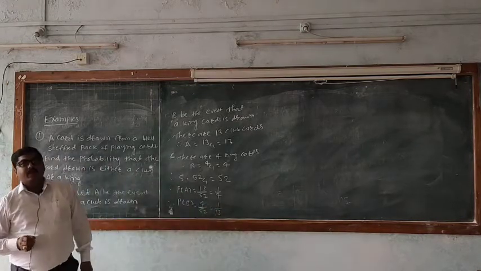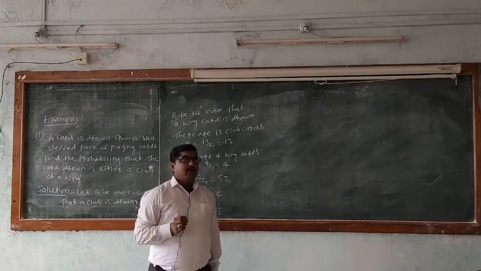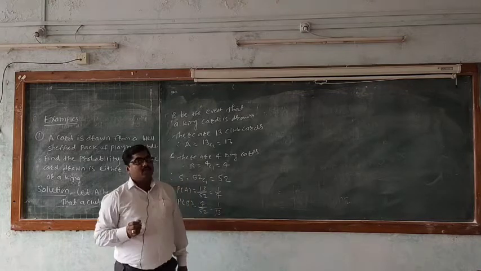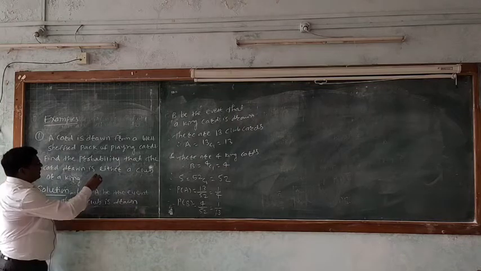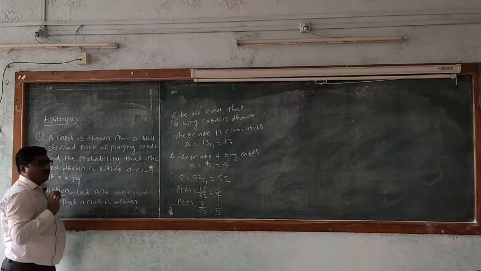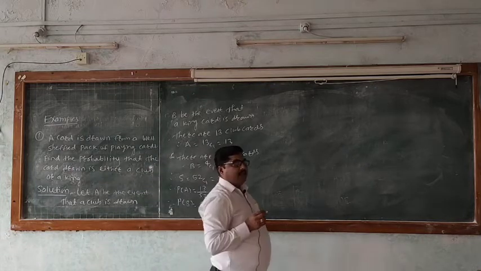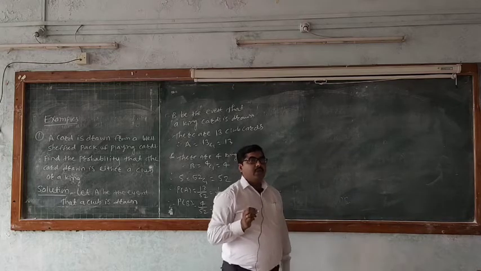Right? P of A and P of B are found. Next, what you have to find? We have to find either a club or a king, or means union.